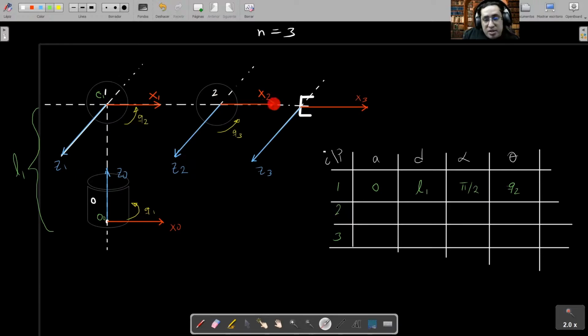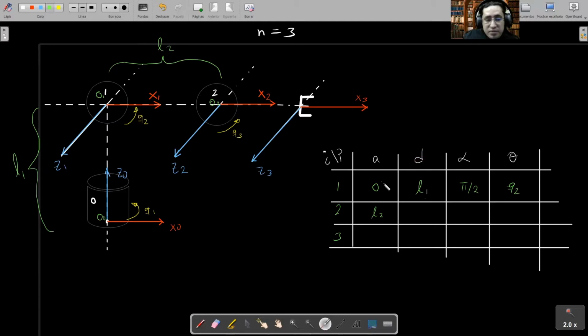Then it is the distance of X2 intersecting theta 1, which is this point, to the intersection, which is O1. This is X2 with respect to the previous theta here. From the distance from these two, the origin O2. And here is a constant distance, which is going to be L2.